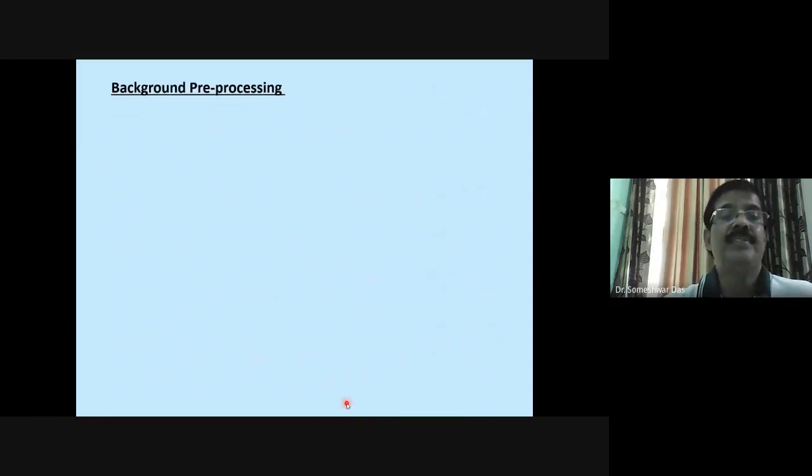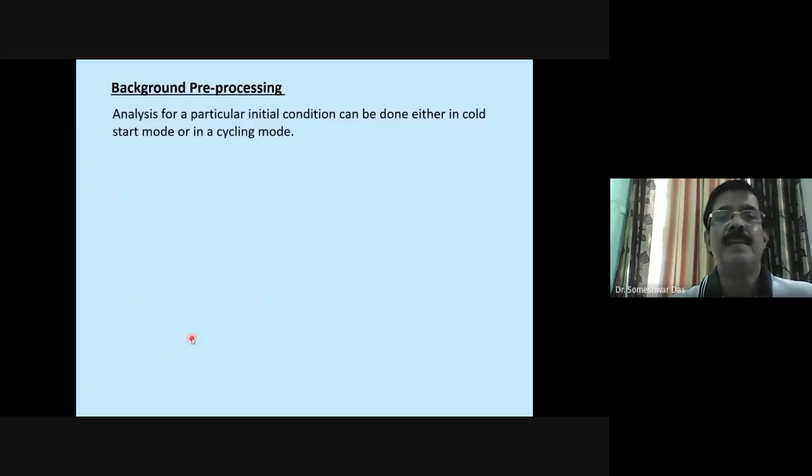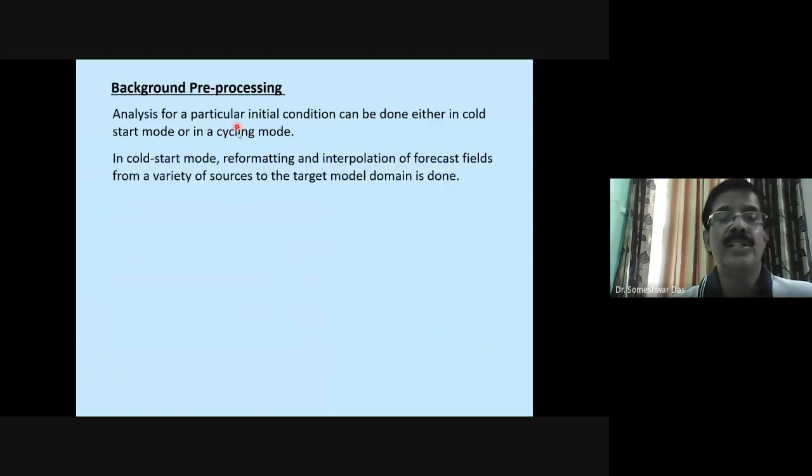Now, starting with the background pre-processing. As the name implies, that means you are trying to pre-process your data. Analysis for a particular initial condition can be done either in cold start mode or in cycling mode, that you already know. In cold start mode, reformatting and interpolation of forecast fields from a variety of sources to the target model domain is done.